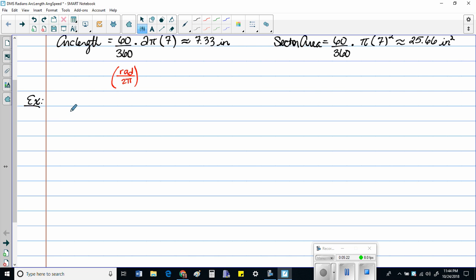It says a truck has wheels. That's good, it has wheels. 36 inches diameter.